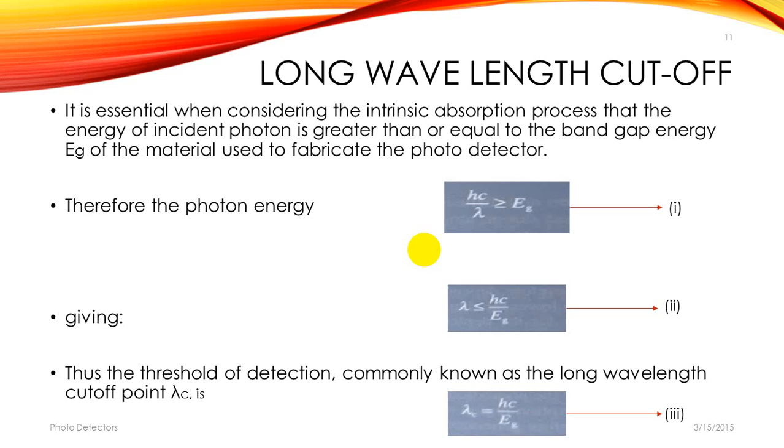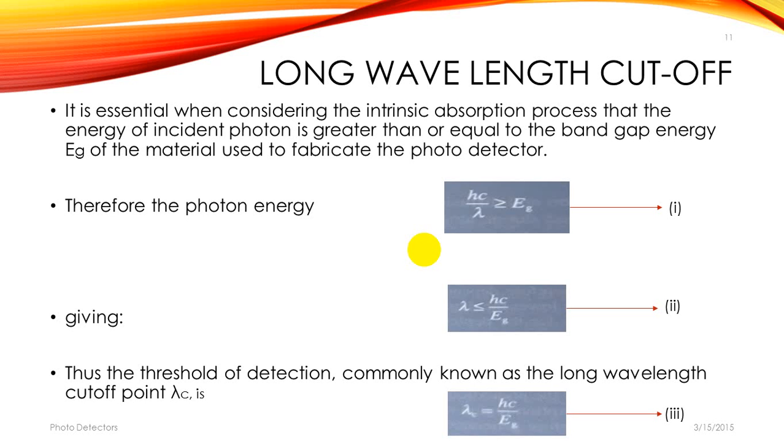Now, long wavelength cutoff. The long wavelength cutoff is essential when considering the intrinsic absorption process, in which the energy of the incident photon is greater than or equal to the band gap energy Eg of the material used to fabricate the photodetector. Therefore, the photon energy, which is given by hc by lambda, must be greater than or equal to Eg, and lambda can be obtained as less than or equal to hc by Eg.